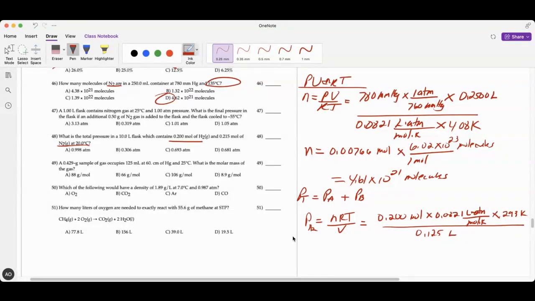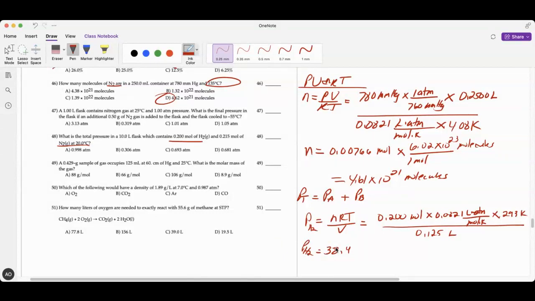So the partial pressure would be 0.2 times 0.0821 times 293 divided by 0.125. Wow, that's huge. You used the volume of 49 instead of 48.